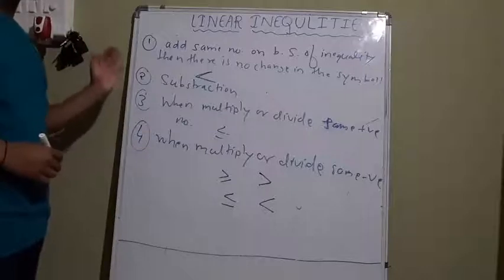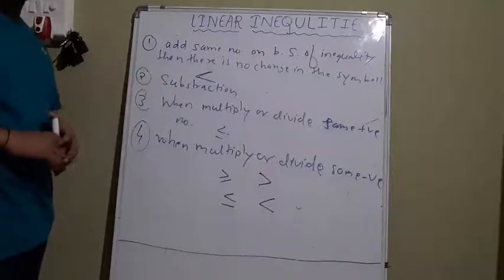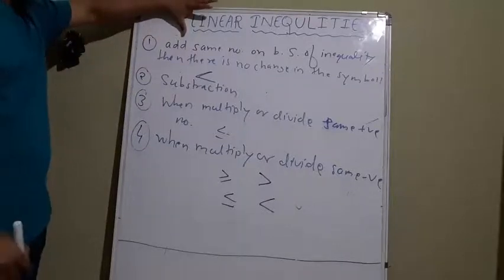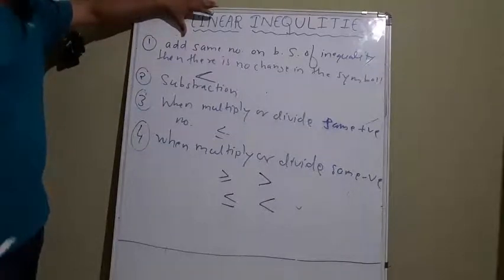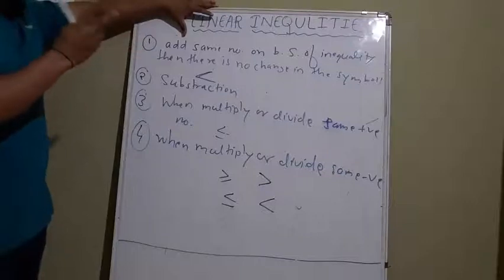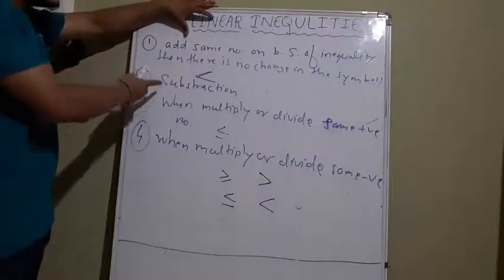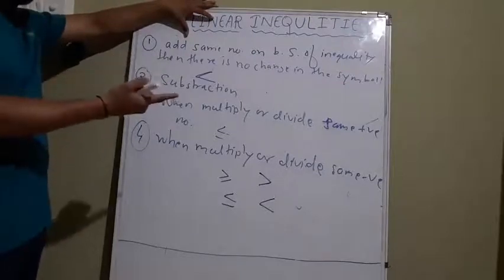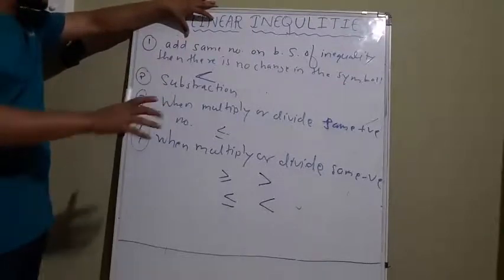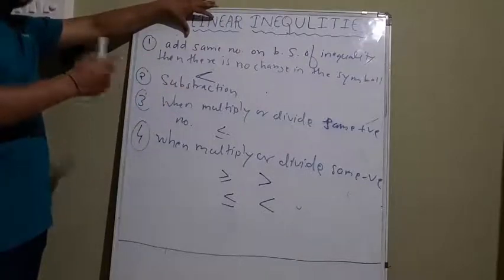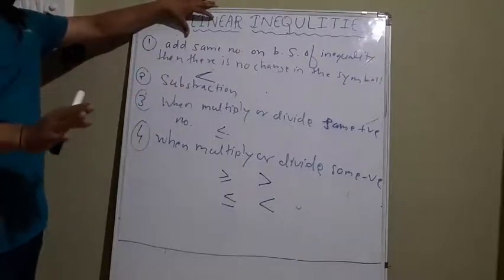You have to keep these in mind while solving the examples. I will revise it once again. When you add the same number on both sides, there is no change in the symbol. When you subtract the same number on both sides, there is no change in the symbol. When you multiply or divide by the same positive number on both sides, there is no change in the symbol.